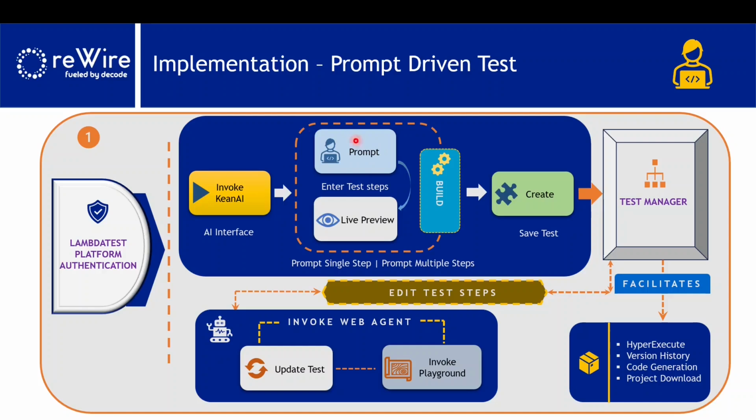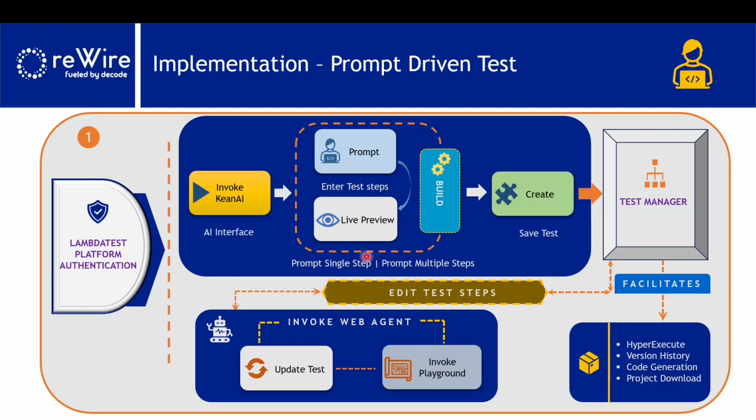While the KaneAI, in this particular stage, will accept the prompts, at the same time it will invoke the playground, which gives the view of the actions that are happening in the application. This is a sequential process, so you can give a prompt single step or prompt multiple steps at a time.